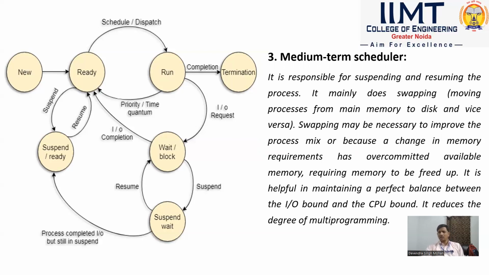It is mainly swapping, that means moving a process from main memory to disk or disk to main memory. Swapping may be necessary to improve the process mix or because a change in memory requirements has overcommitted available memory.